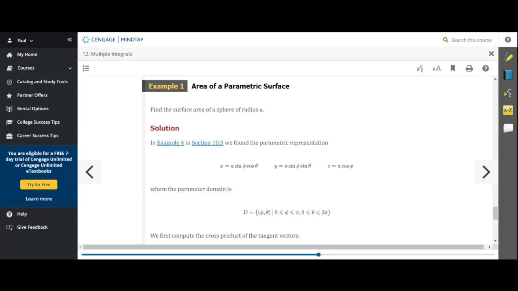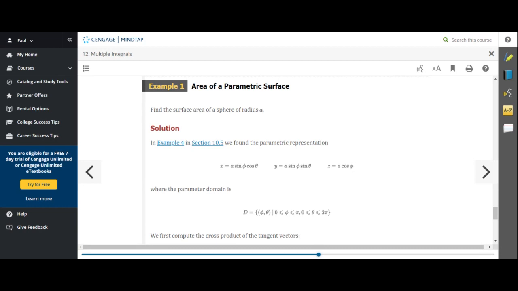If we let x, y, and z be defined by these formulas, the vector r, which consists of these components x, y, and z, will trace out a sphere of radius a in three-dimensional space. You let phi range from 0 to pi, and you let theta vary from 0 to 2 pi.